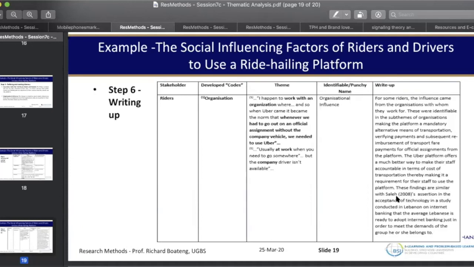These findings are similar to Saleh's 2008 assertion in the acceptance of technology study conducted in Lebanon on internet banking, that the average Lebanese is ready to adopt internet banking just in order to meet the demands of the group he or she belongs to. So he is trying to find what we call confirmatory evidence in this one. It's a similar study that used social influencing factors, and he has pointed it out there.